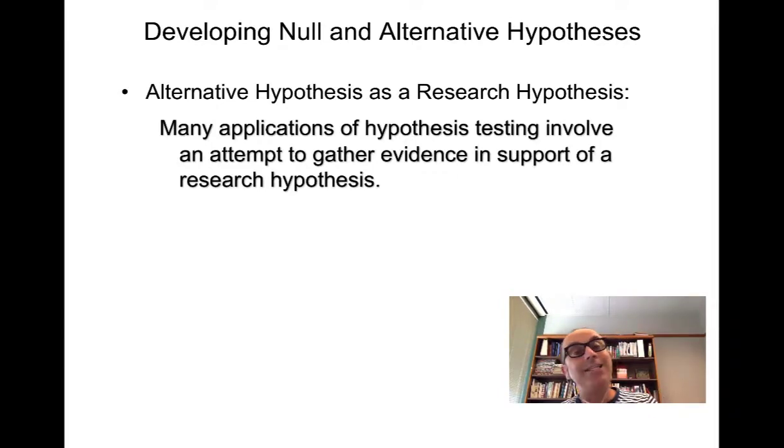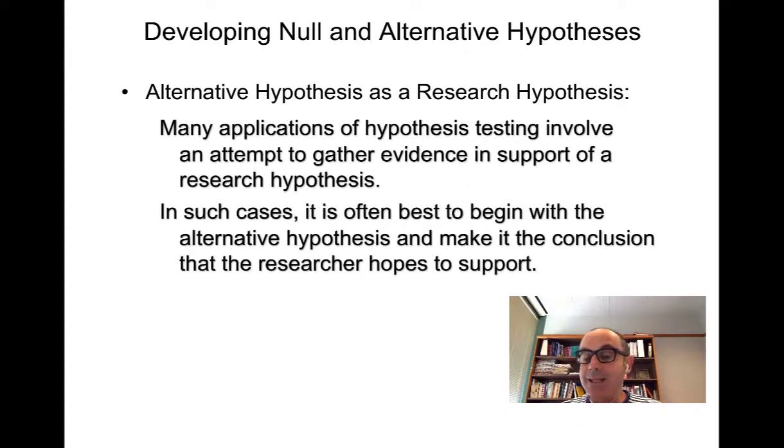For example, I did a study about students' ability to learn. My alternative hypothesis is trying to support my hypothesis, and the null hypothesis is trying to reject my hypothesis. So in many cases, it is best to start with what you support in your hypothesis, and the rejection will be the null hypothesis.